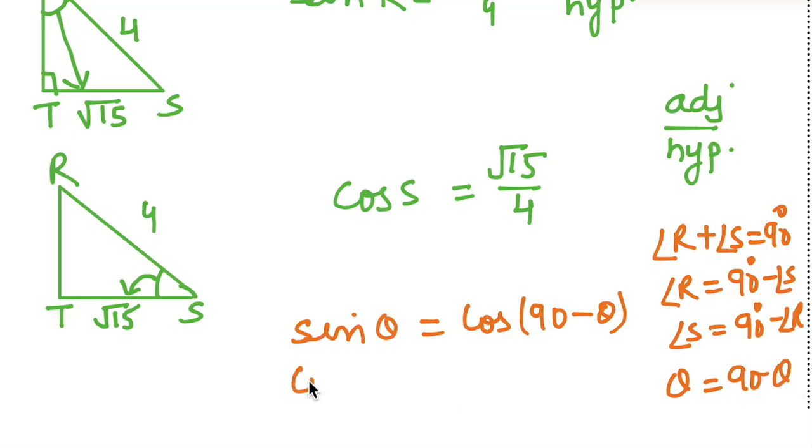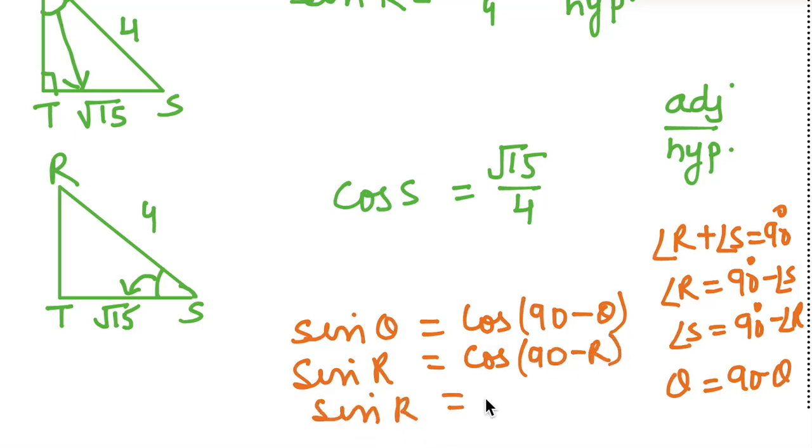So if I say sine of R is equal to cos of 90 minus R, so sine of R is equal to cos of S. If we know this property, then we do not have to do the concepts we have done before, and we can directly apply this property.